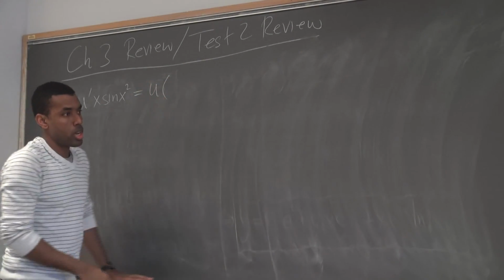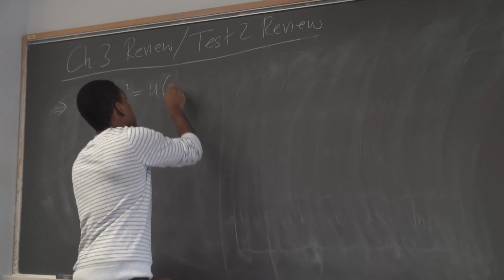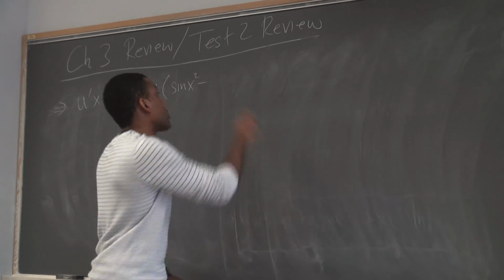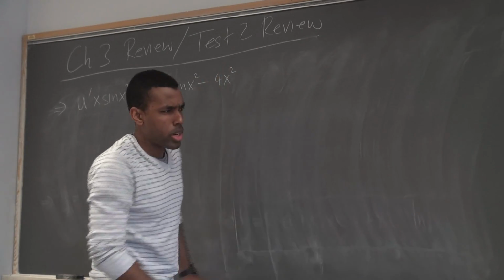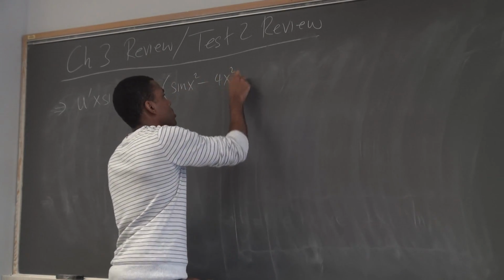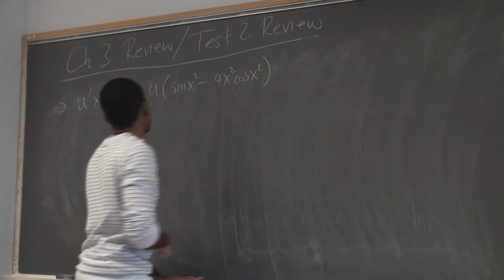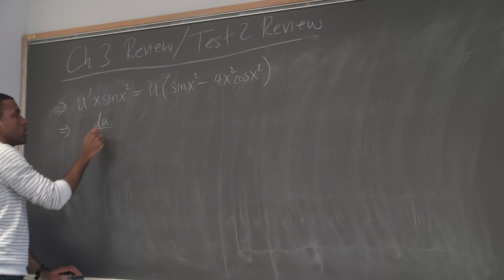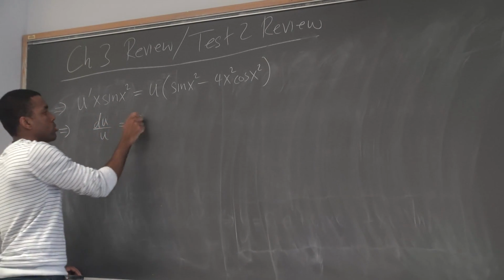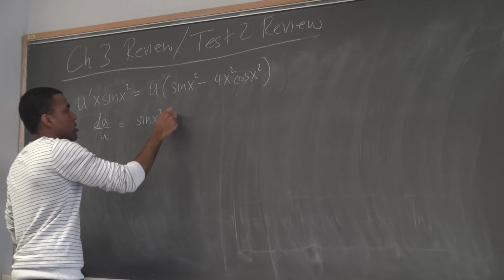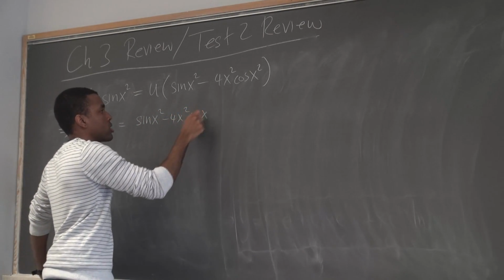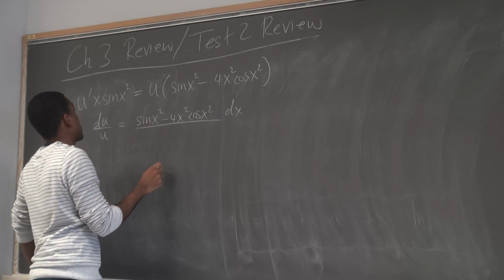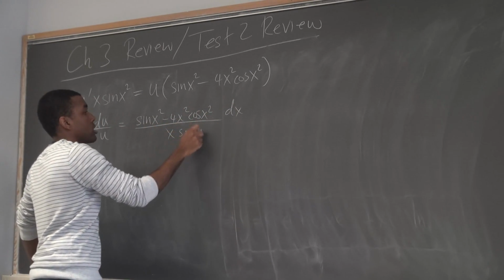This is u times sine x squared minus 4x squared cosine x squared. So this pretty much means I have du over u is equal to sine x squared minus 4x squared cosine x squared dx over x sine x squared.